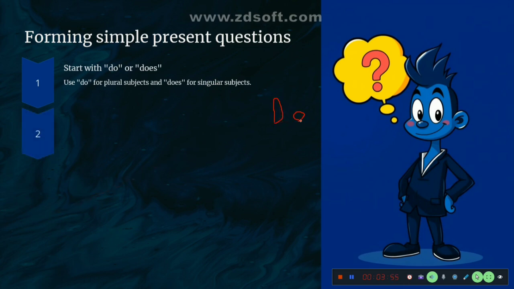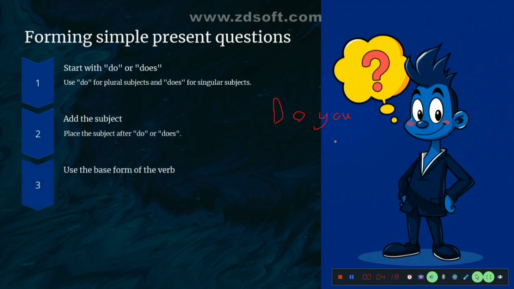Step two, add the subject. For example, for do we had I, you, we, and they. I use you. Do you? Step three, use the base form of the verb. Please pay attention.